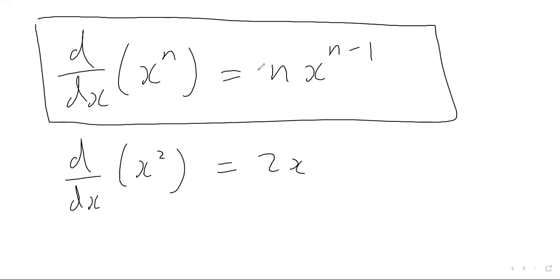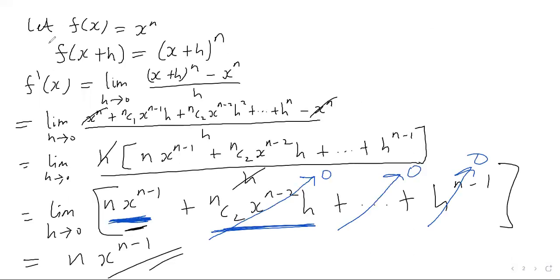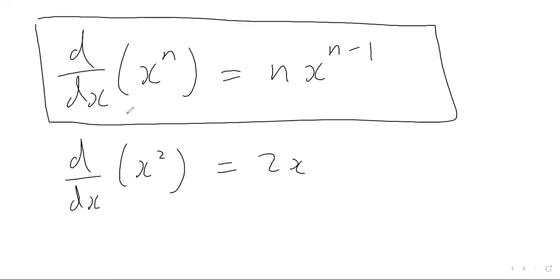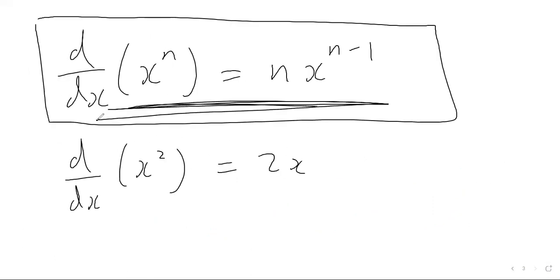You would have seen this rule where you bring the power to the front and take away 1 from the power. That's probably what you've been taught in school or class. And this here is a proof of why that is true. So we've just proved that this result is true for n being a real number and x being a real variable.